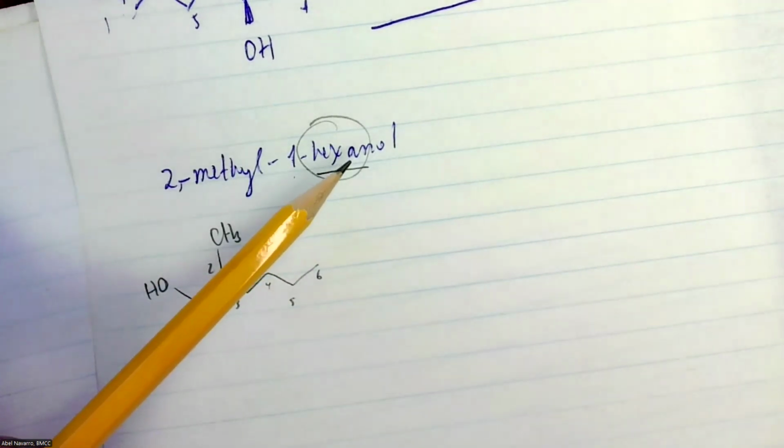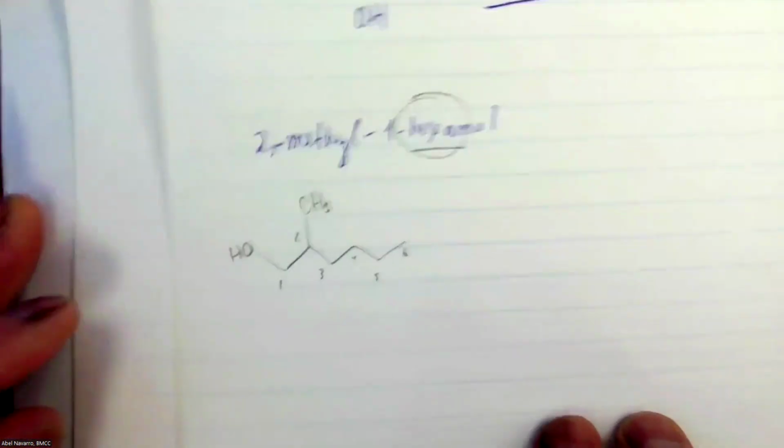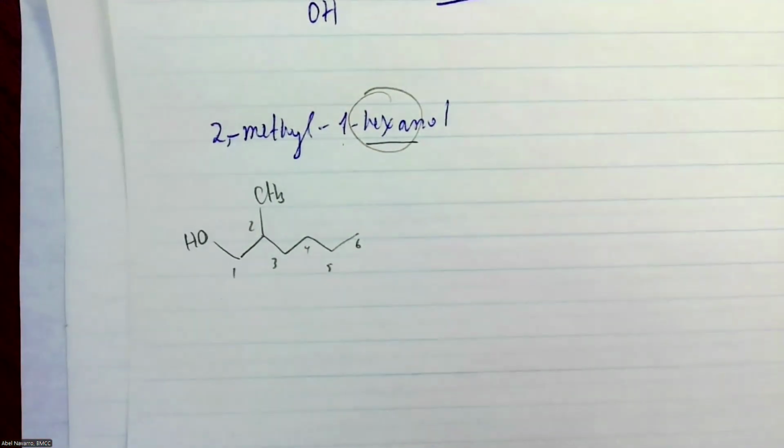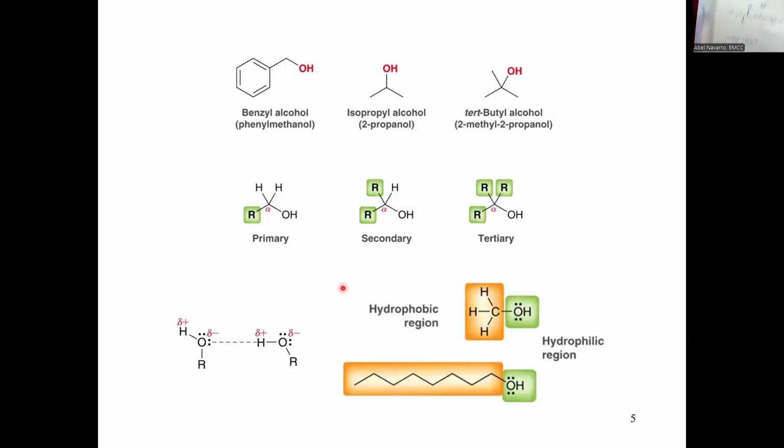So you do it by pieces, but first you have to draw the backbone. In this case, the backbone is hexane, the main scaffold for this compound. Once again, don't worry that much about the naming for our test, but at least we know how these alcohols are named.